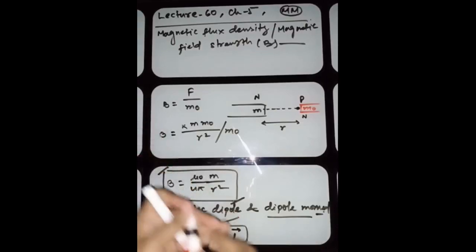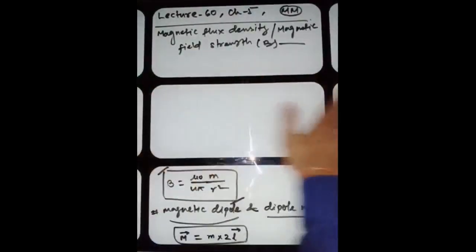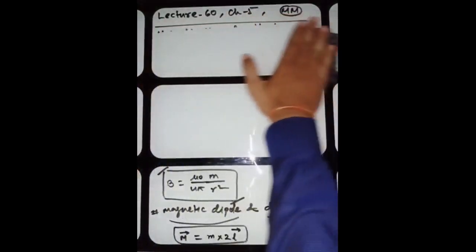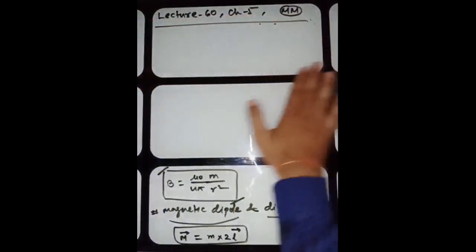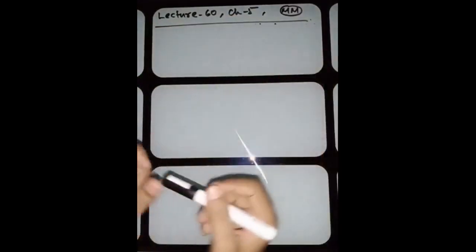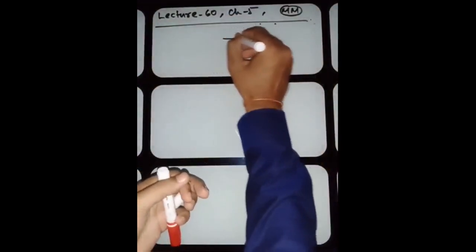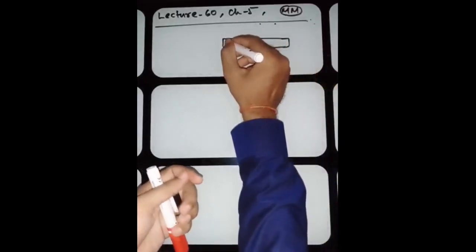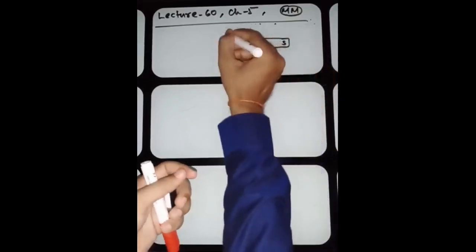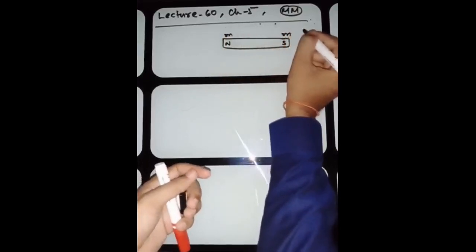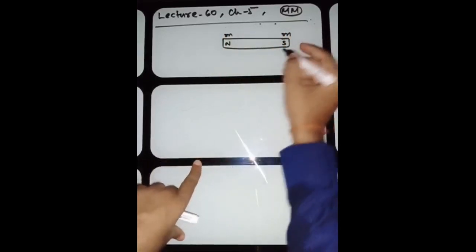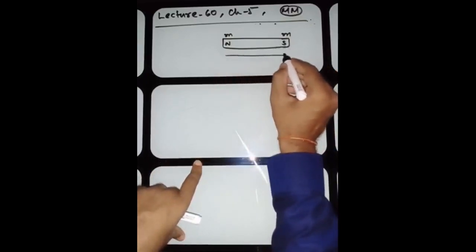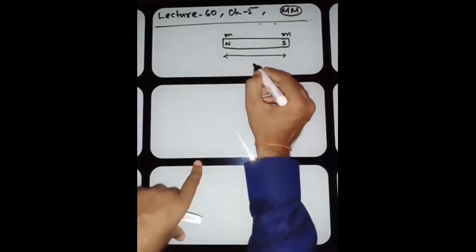Now let us look here. If this is the magnet, my dear student, of north pole and south pole, the pole strengths are here M and M. We know that the pole strengths must be the same. The separation between these two poles is called the dipole length.